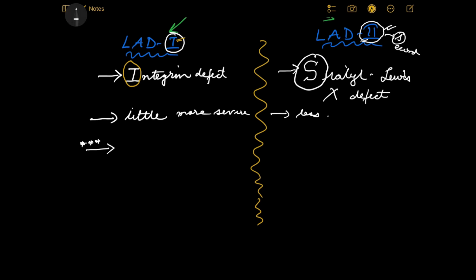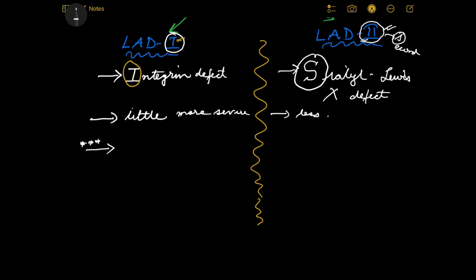For LAD1 there is only one very specific marker by which you can recognize it immediately. Since these are genetic defects, the targeted population here is often infants, the pediatric group you might say.